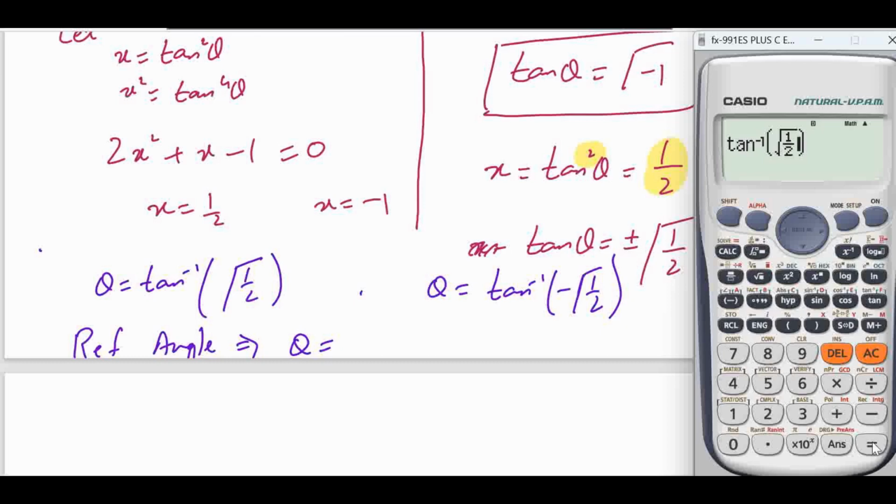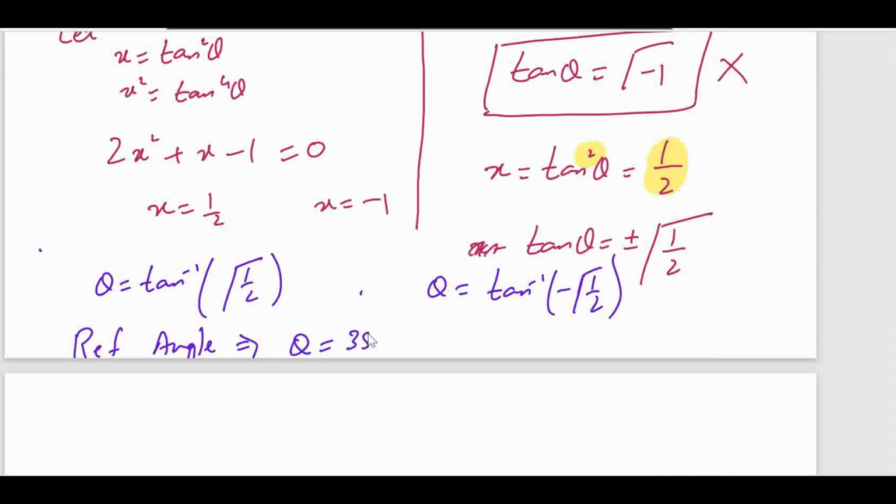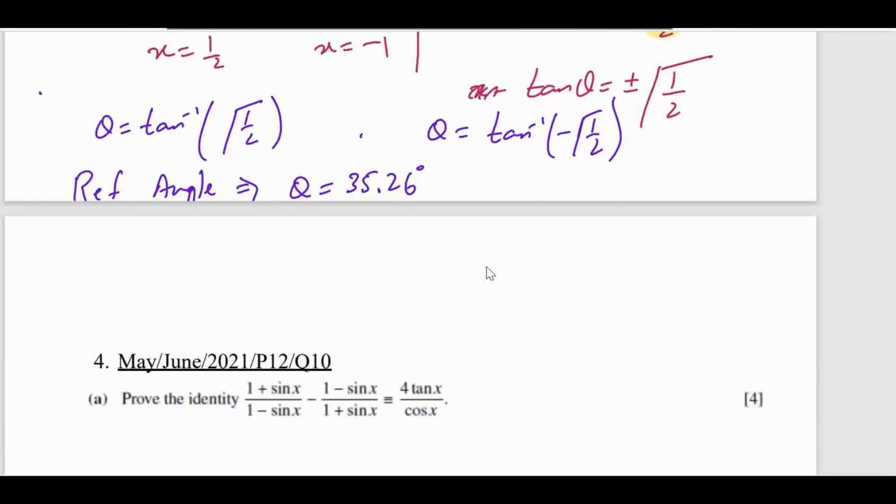Now shift, this will be equal to 35.26 degrees. So this will be the reference angle, which means we can use CAST.